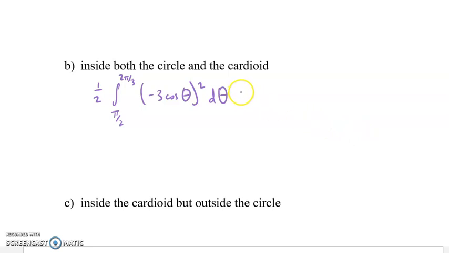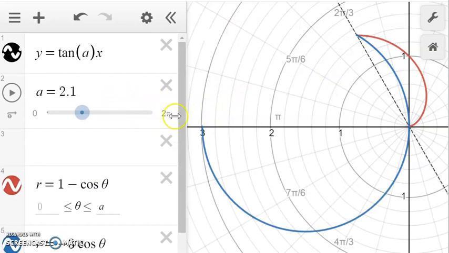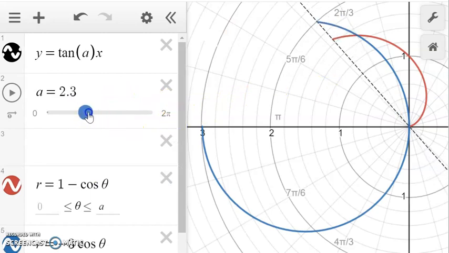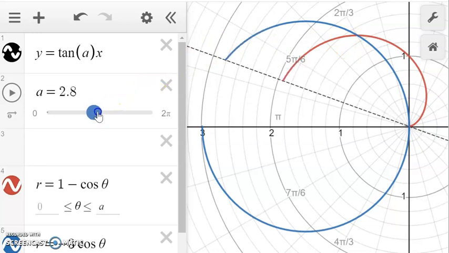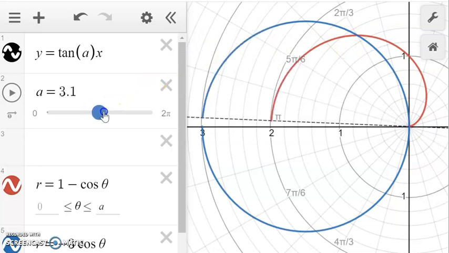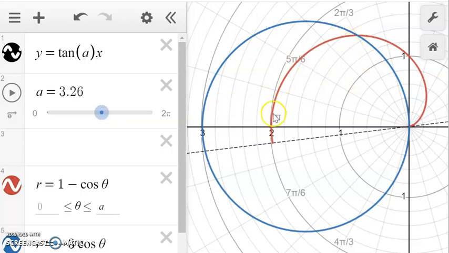We're going to keep on going around the circle. That theta value of 2 pi over 3 is going to keep on increasing. But as that keeps on increasing, this is the purple region right here. We don't care about the blue anymore. From 2 pi over 3 to pi, we only care about the cardioid, the red part, right? The red curve.